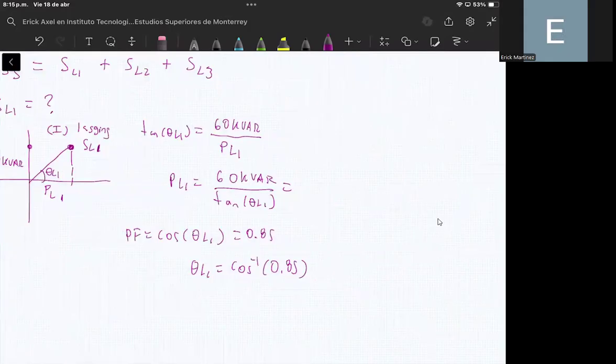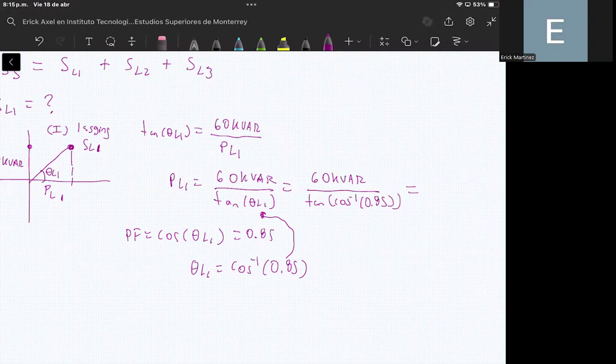So I can use this value and plug it into this relationship. I can express this as 60 kilobar divided by the tangent of the inverse cosine of 0.85.